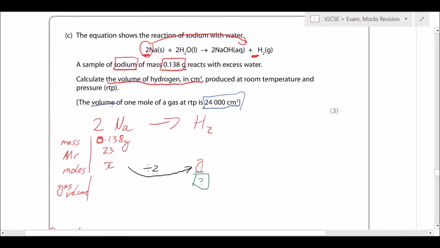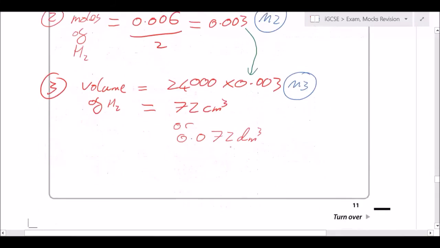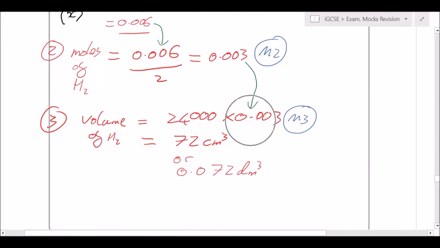This is going to then go into step 3, the volume of H2, where you now have the moles, and it tells you here that 1 mole is 24,000 centimeters cubed. Now you don't have 1 mole, you've got 0.003 of it. So to find out what that volume would be, times the moles by that gas constant of 24,000 centimeters cubed, which gives you your final answer of 72 centimeters cubed.